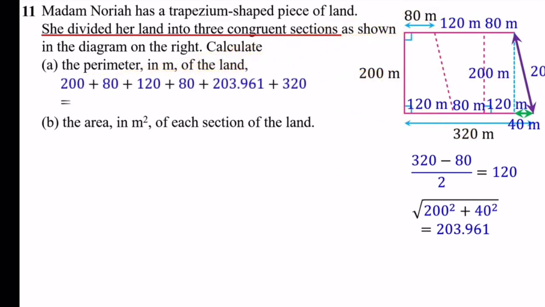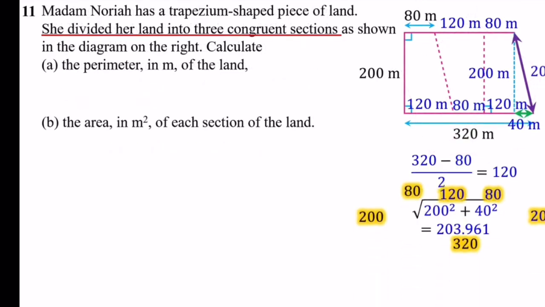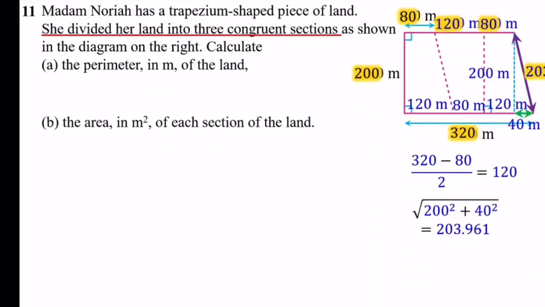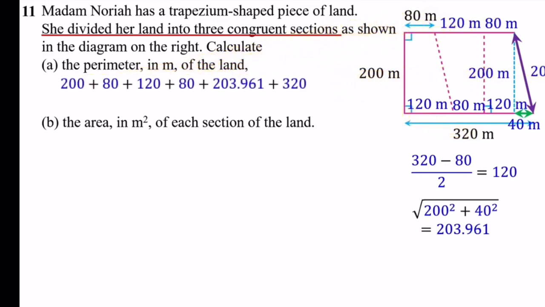So it's 200 plus 80 plus 120 plus 80 plus 203.961 plus 320. So the answer is 1003.961. And the area of each section of the land is 1/2 times (80 plus 120) times 200, which is equivalent to 20,000. So that is the answer for question number 11.